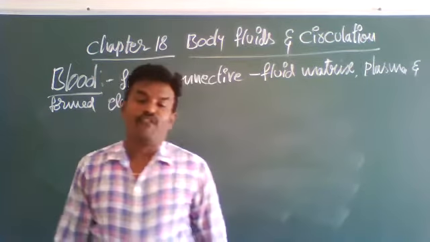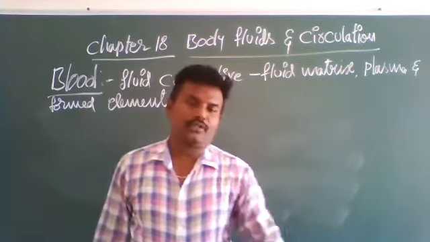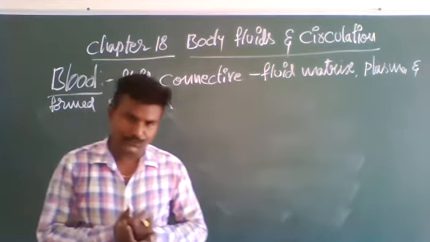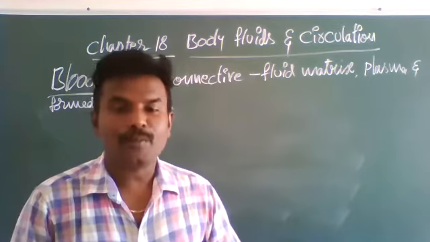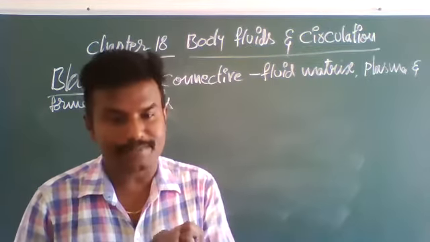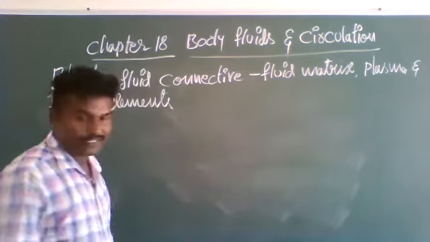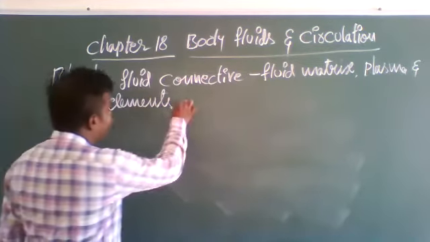Blood is fluid, so that fluid is connected with each other. Therefore, it is called fluid connective tissue. What are the components? Fluid matrix, which is the ground substance, the major substance: plasma, and formed elements. Formed elements means what? Blood cells.